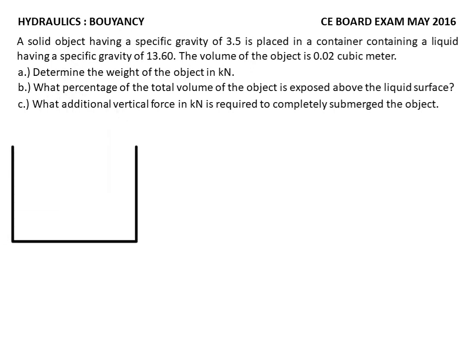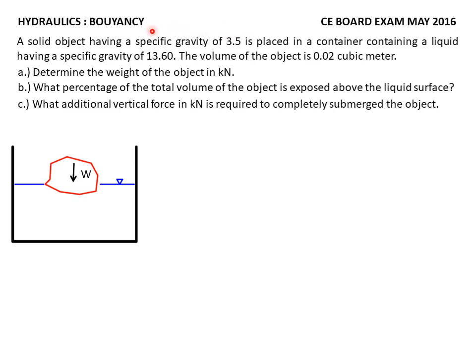So, let's draw the container with liquid and an object. Okay, so letter A, let's determine the weight of this object. How can we determine the weight of this object?